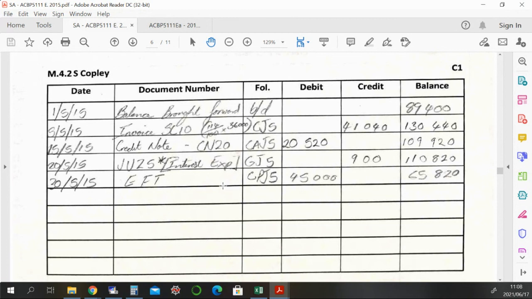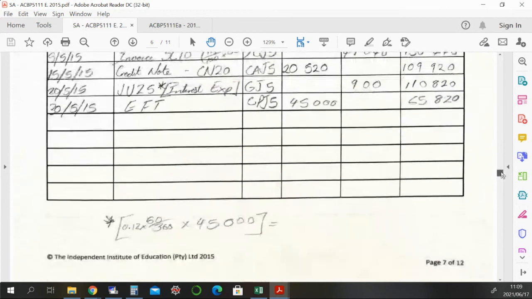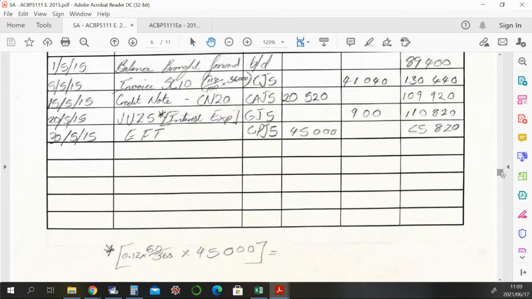It's obviously an interest expense. Did I calculate it? I see I put a star there. So basically you're saying 12% times 60 days out of a 360-day year.